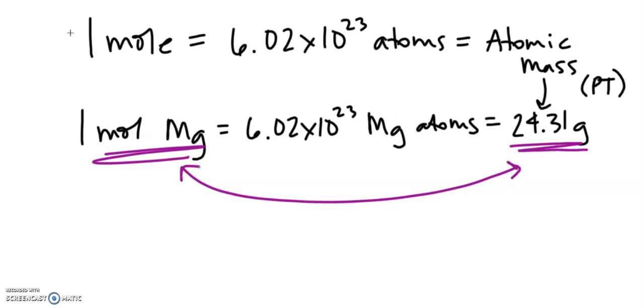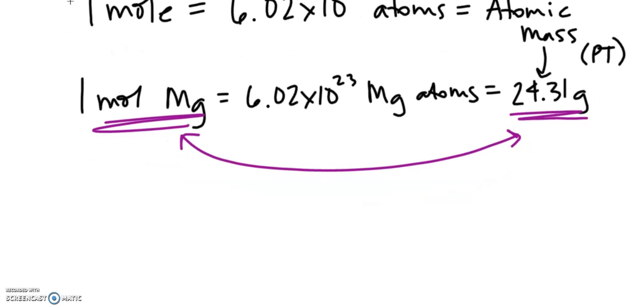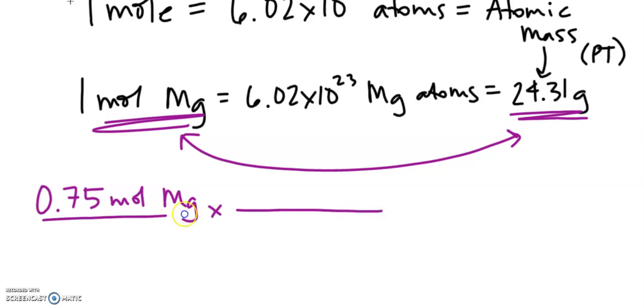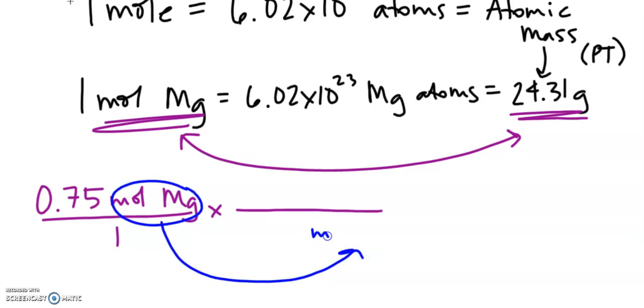So, a basic conversion. Let's say we have, how about 0.75 moles of magnesium. If we remember, we set up our conversion factor, and you can set this over 1 if you'd like. Your units for your substance go on the bottom, so I put moles of magnesium on the bottom.